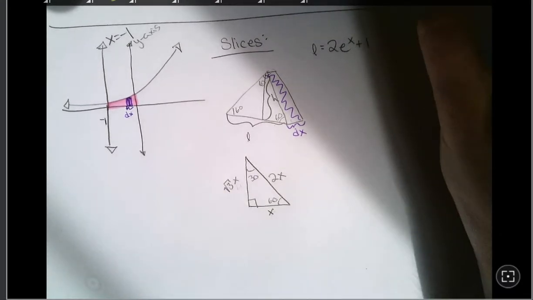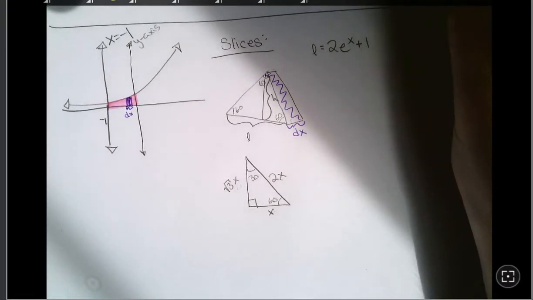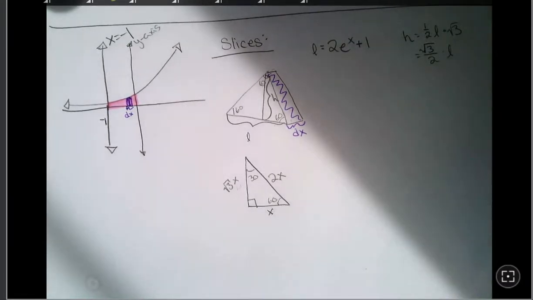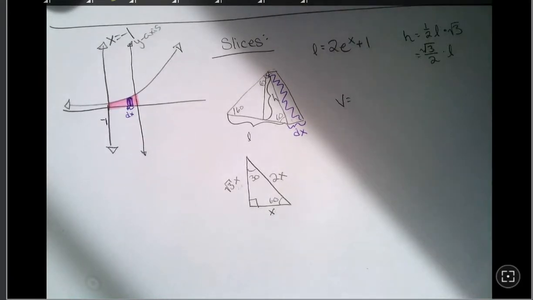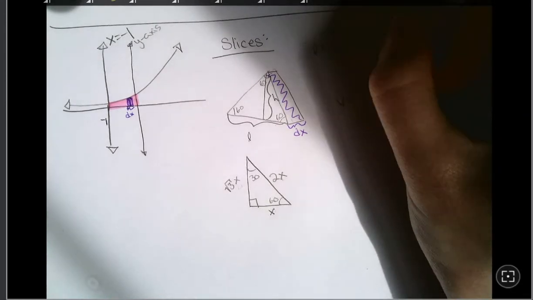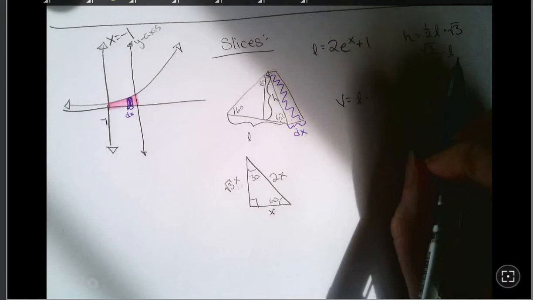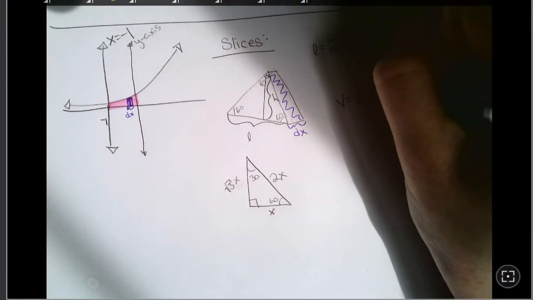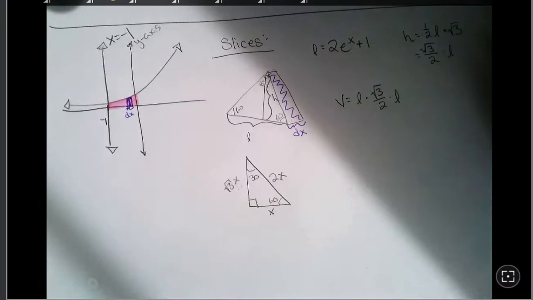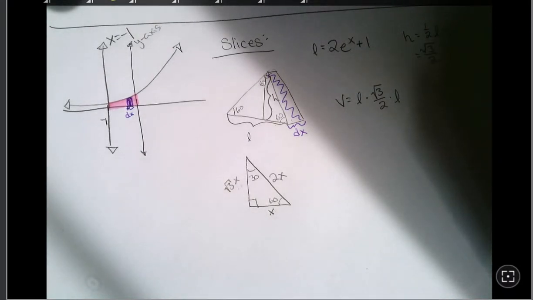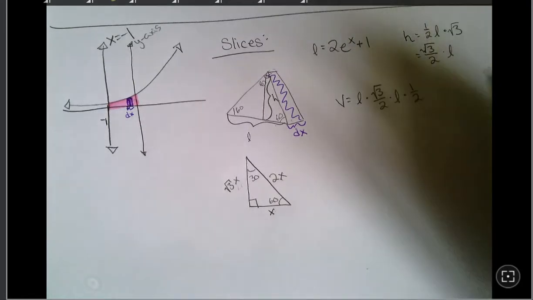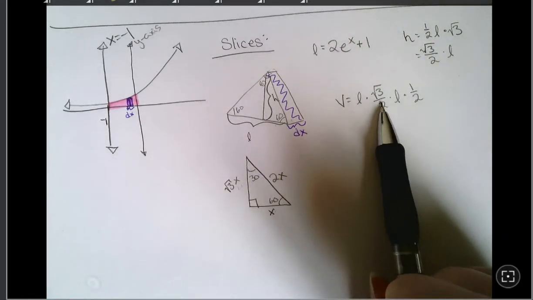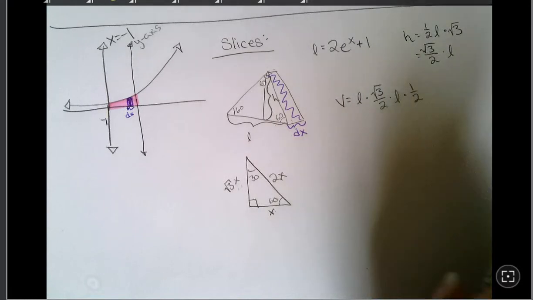So we can simplify that into root 3 over 2 times L. That means the volume that represents that slice is going to be a length times root 3 over 2 times their length. But this is all times another 1/2 because of that area formula for a triangle, 1/2 base times height. Altogether it will look like this.